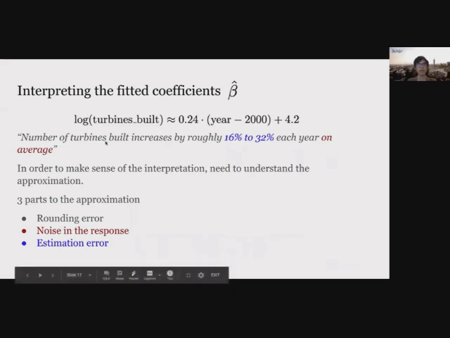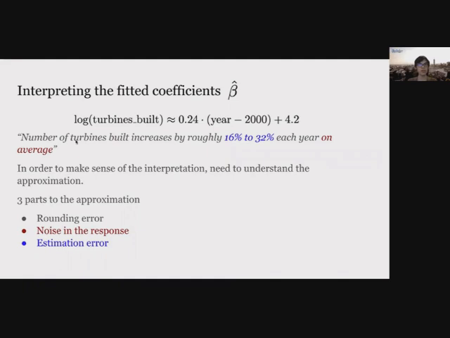So now we say that the number of turbines built increases by roughly 16 to 32% each year on average. And so we've updated the previous 24% to a range, 16% to 32%, by taking into account the fact that the coefficient vector beta hat that we observe is only an approximation of the true coefficient vector beta 0.